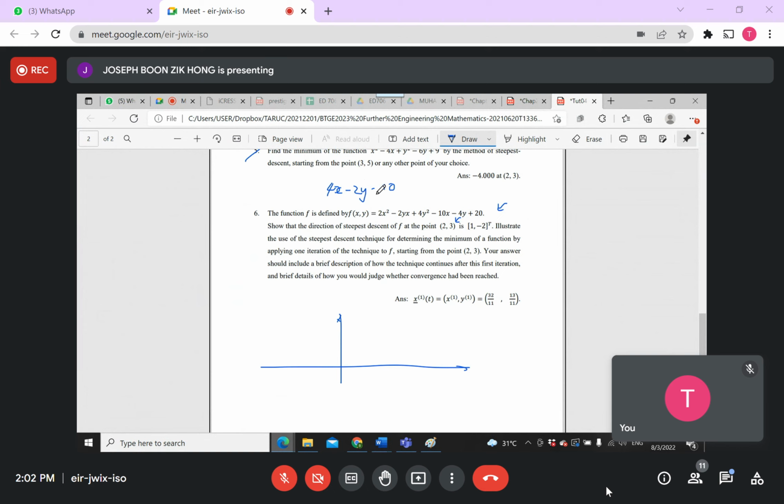If you differentiate with respect to y, you will have negative 2x plus 8y minus 4. Right? So 4, 2.